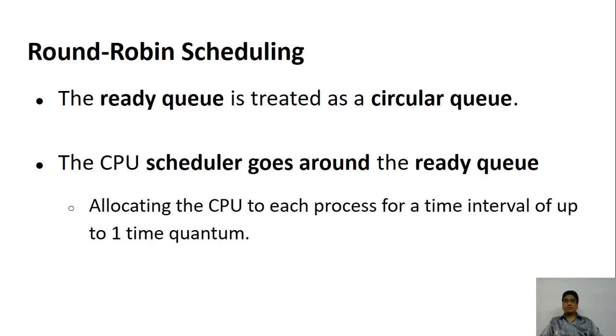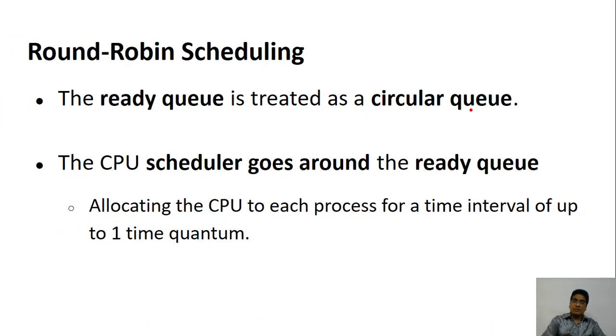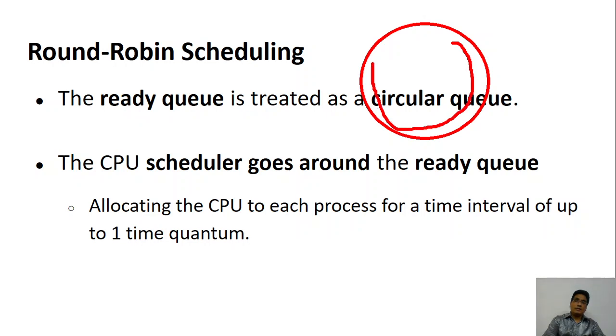So how does this particular process work? We are using the circular queue, and what is this circular queue? I hope you're familiar with that. A circular queue will start like this, and the last element will point to the first element.